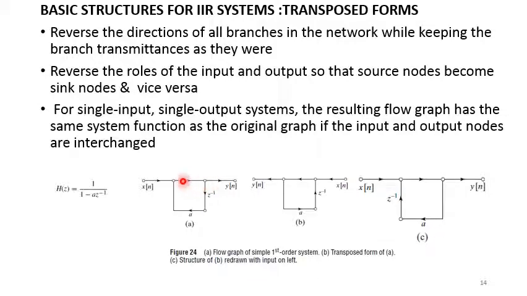Again, the directions will be interchanged. The arrow points to the right side, so it will point to the left side. Similarly, the arrow is downward, so it will become upward. Again, the arrow is on the left side, so it will become right side. So you can see for a single input, single output, it doesn't change.